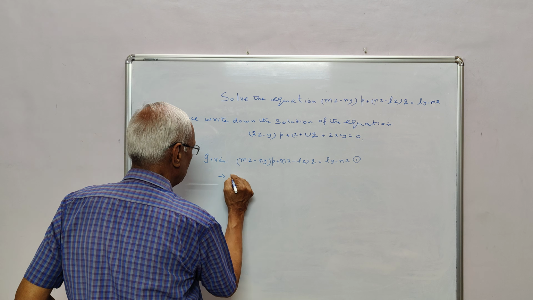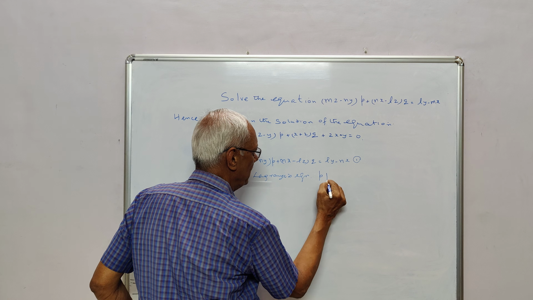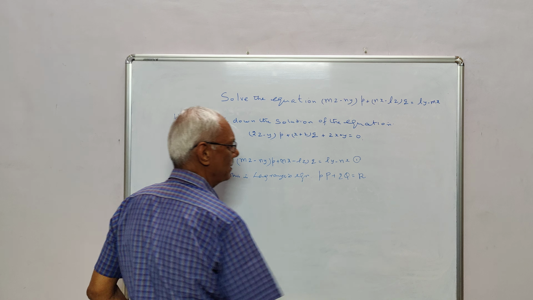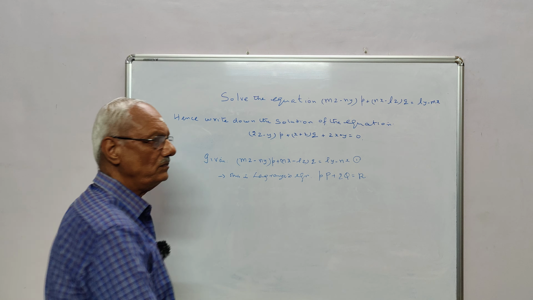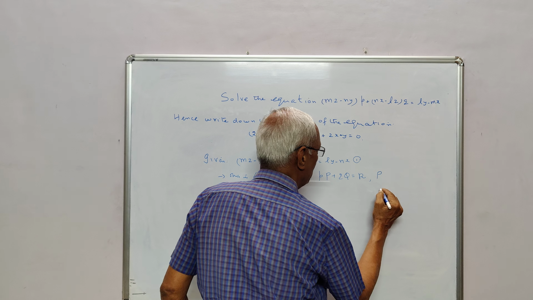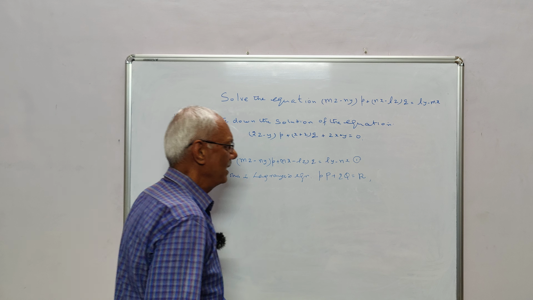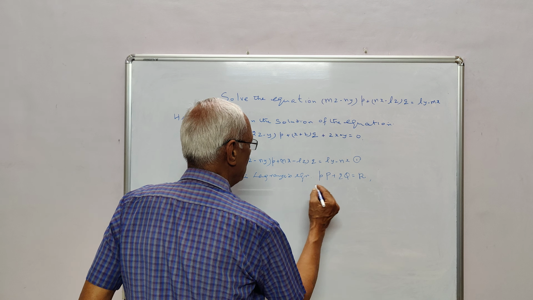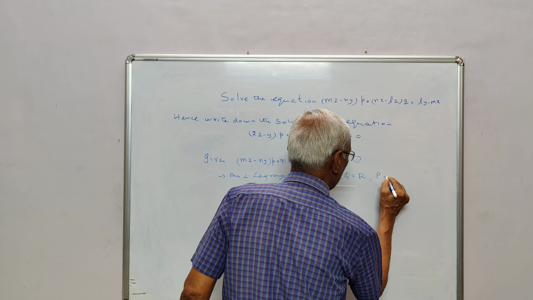This is Lagrange's equation, namely Pp plus Qq is equal to R, where this P, therefore this is the Lagrange's equation, and here this P is nothing but what?